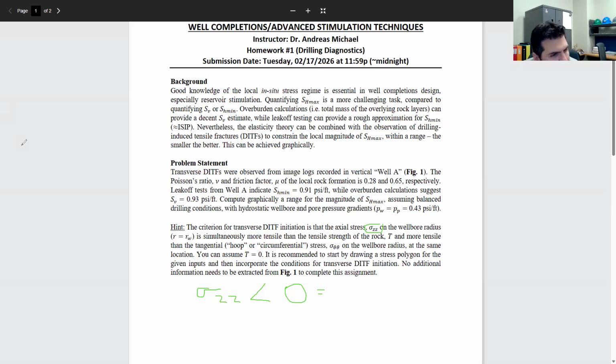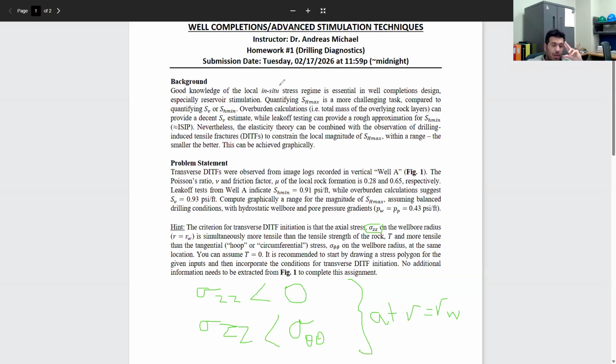And then at the same time, sigma z needs to be more tensile than the tangential stress at the same location. All of them are at R equals Rw. Okay? So what I'm basically asking here is for you to draw a polygon.